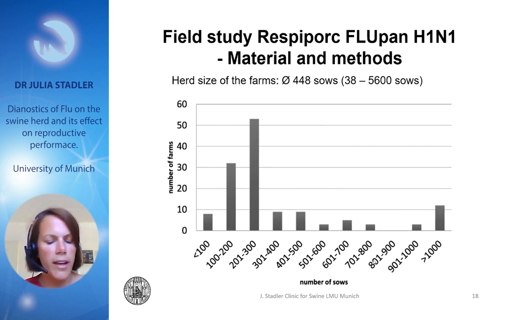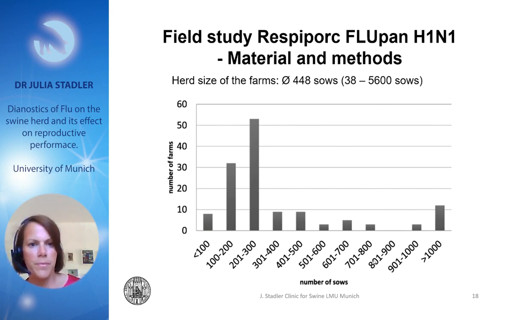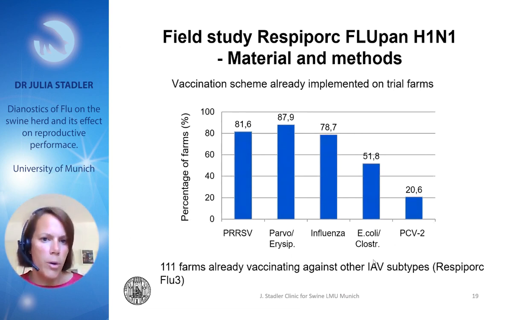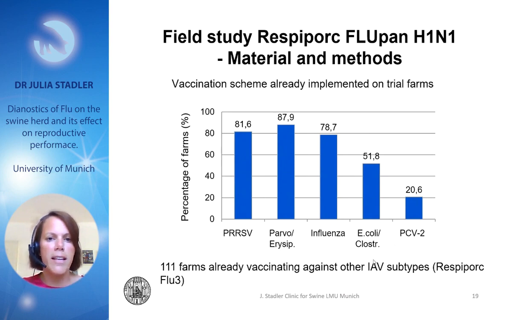However, this reflects the German pig production, with larger farms in the eastern part of Germany and also in the northern part of Germany, and smaller farms in the southern part of Germany. Based on the results of our questionnaire, the majority of the farms were already vaccinating against other influenza subtypes. They used the vaccine Respipork Flu 3.